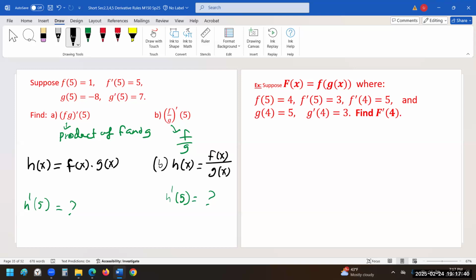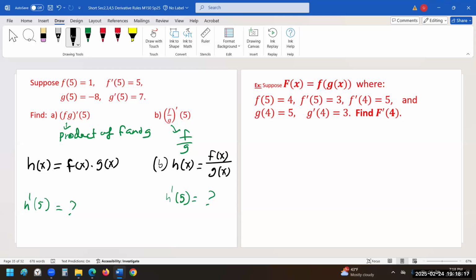So F prime. Actually, write this out first. Because what you do is first find your derivative here. Because when you write the derivative, you will see that. And then we change the F, and now you can change the final X. And now all the X becomes 5.